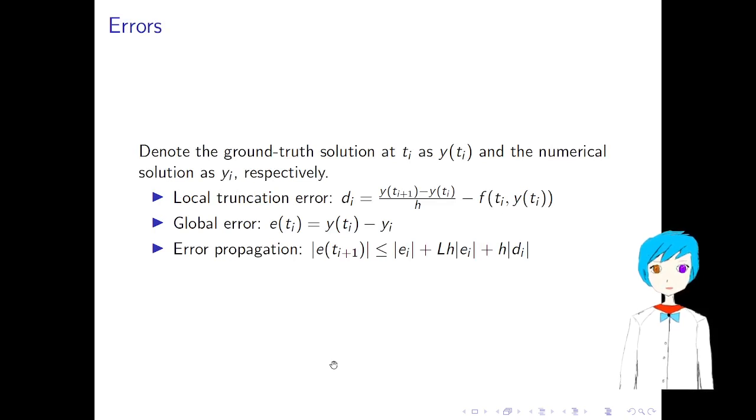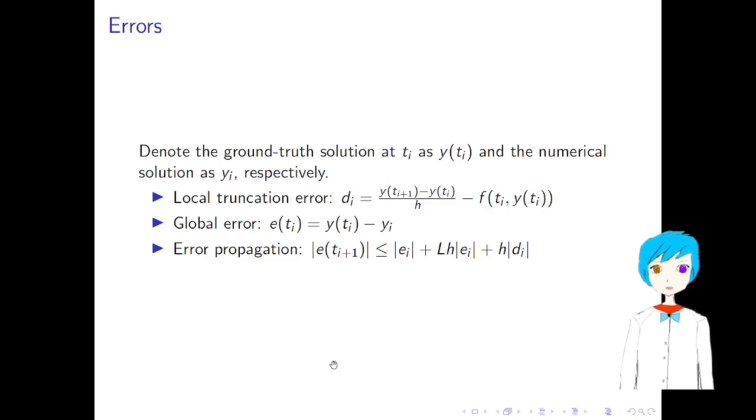So given those two Euler schemes, how can we evaluate the error? If we denote the ground truth solution at t_i as y(t_i) and the numerical solution as y_i, then we define the local truncation error for the forward Euler method as d_i, which is (y(t_{i+1}) minus y(t_i)) divided by h minus f(t_i, y(t_i)).